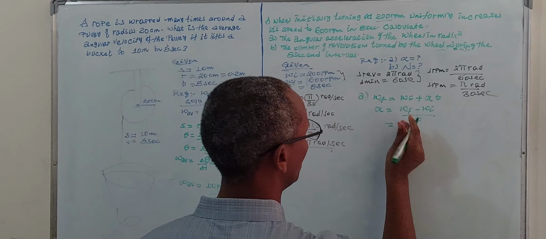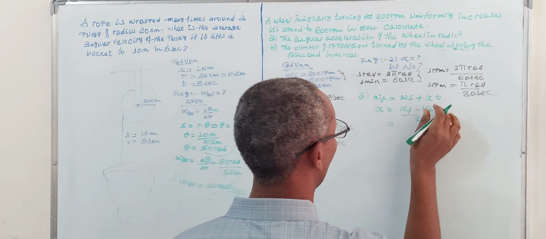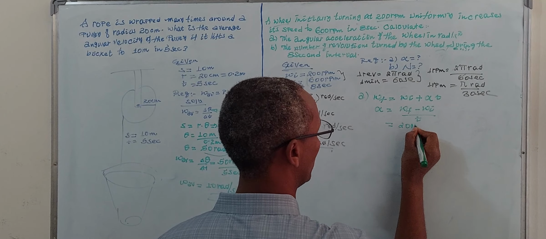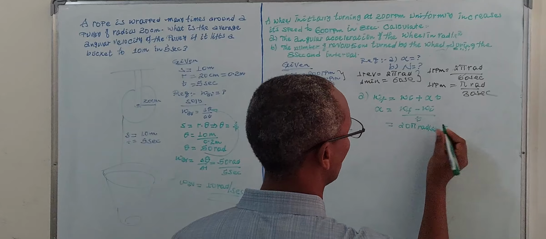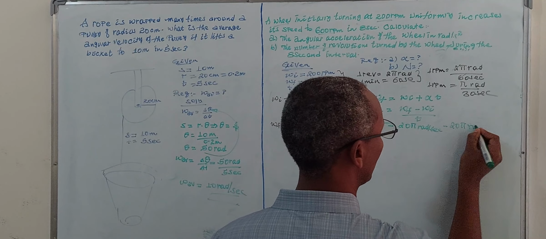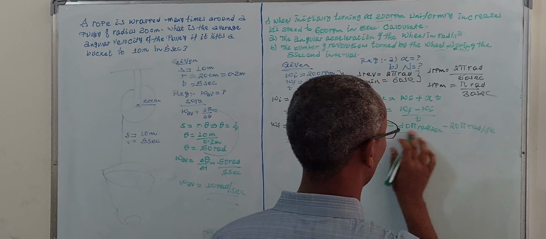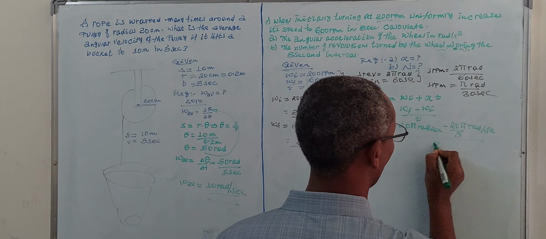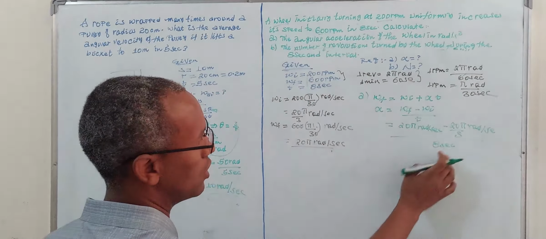So you just plug in: 20 pi rad per second minus 20 pi over 3 rad per second, over 8 seconds, which is the time taken.